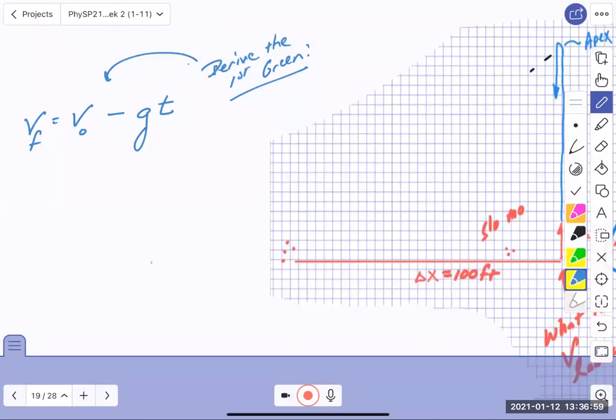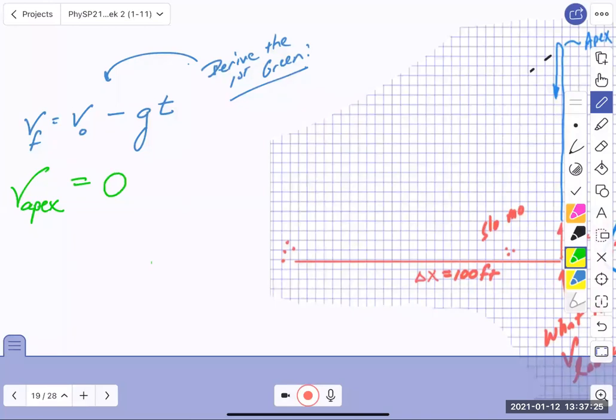So what they're looking at is the total time of flight, but we're trying to figure out the V launch. So what we do there is for green, instead of saying V final, we just go halfway up. We say V apex. So V apex is equal to 0, right?